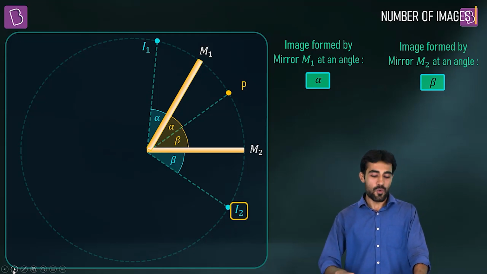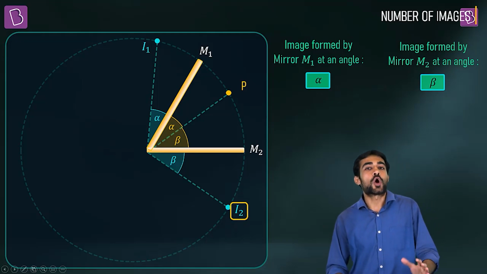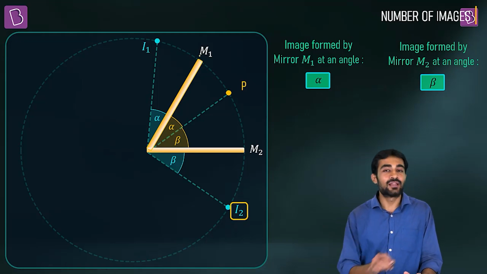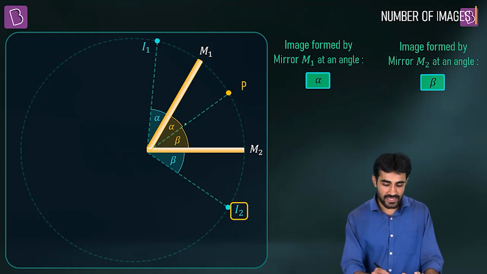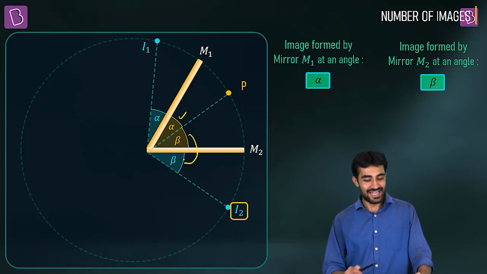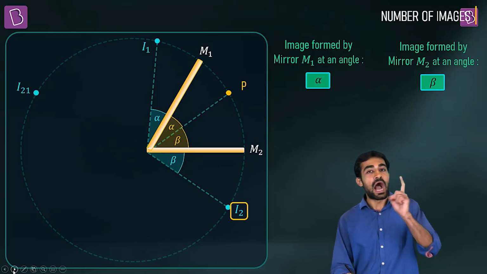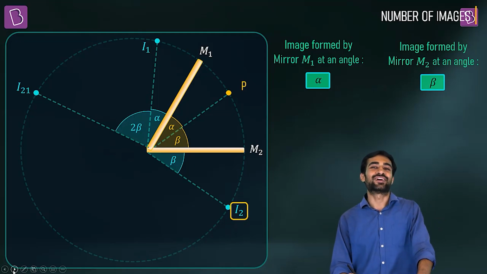Yes. Now, at what angle are we finding this so-called object? What is the angle made from M1? You will say it is alpha plus 2 beta. Yes. So the image from M1 will be formed at an angle of alpha plus 2 beta.